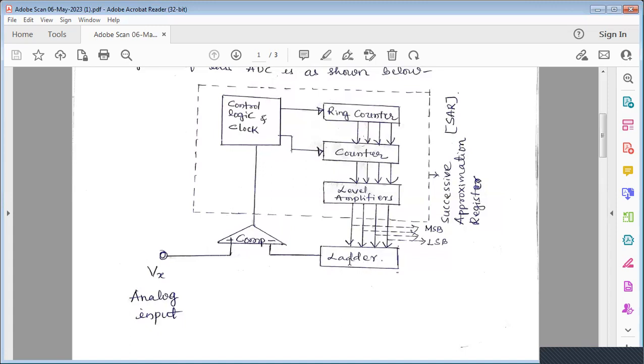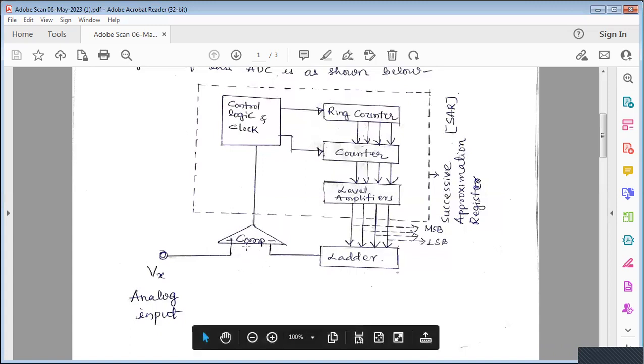This ladder network is needed to convert a digital signal into an analog signal, because here we have a comparator. To this comparator, two signals are fed and both are analog. This is Vx.